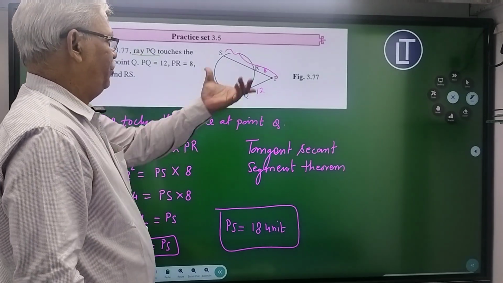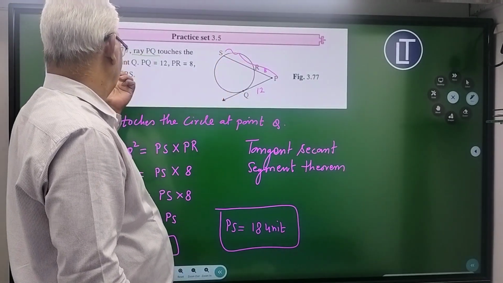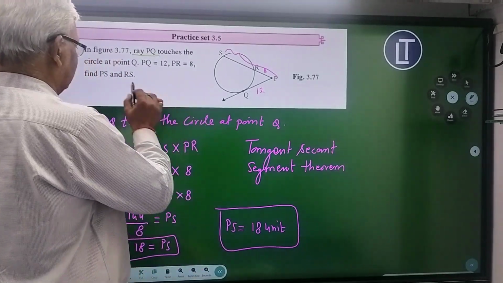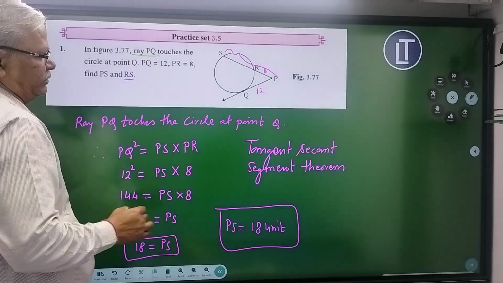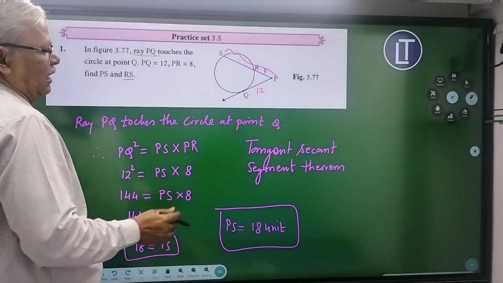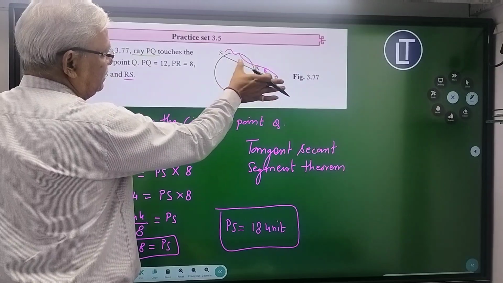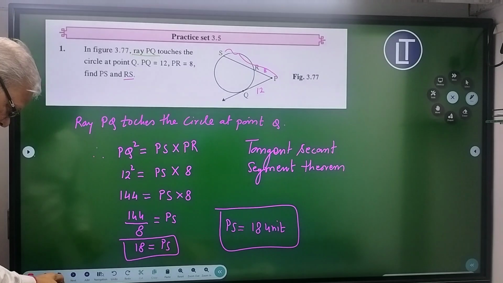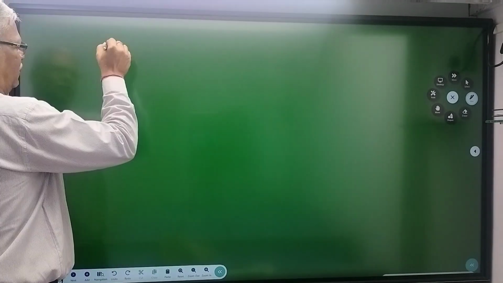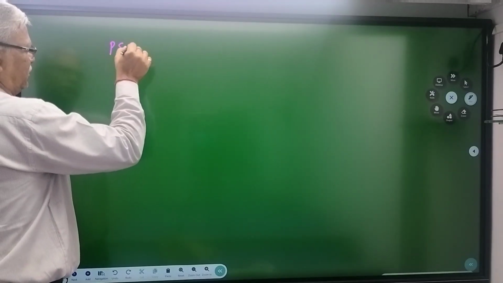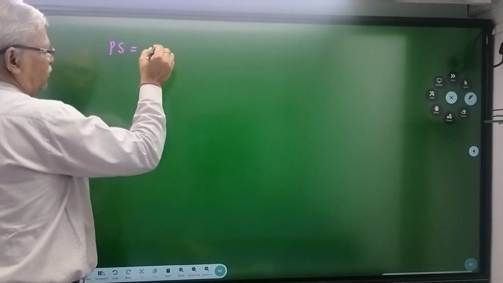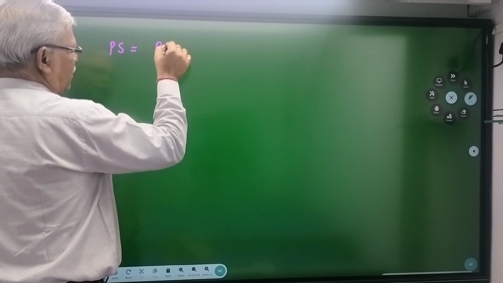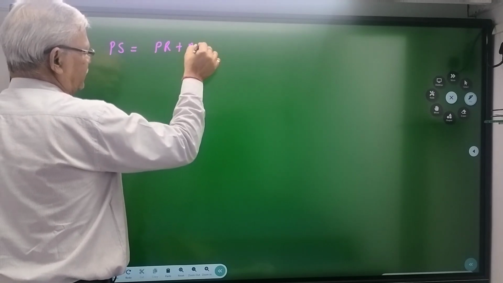Therefore, PS is equal to how much? 18 unit. Now see, asking about RS also. This RS, RS is how much? That is PS minus PR. And that we are going to write here that PS is equal to PR plus RS.